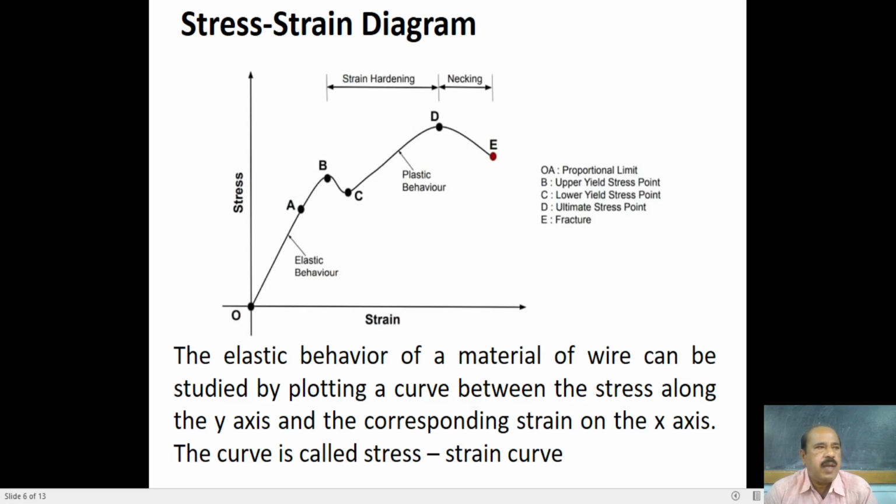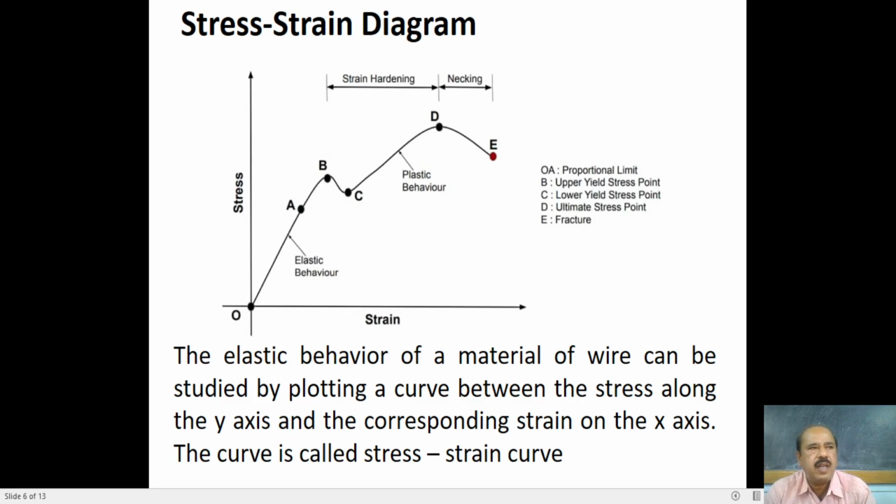After understanding this stress strain diagram, there is one more concept, elastic after effect. You might have heard of this word or not, I don't know. Elastic after effect can be defined like this. There are some materials which regain their original dimension as soon as you withdraw the external force.